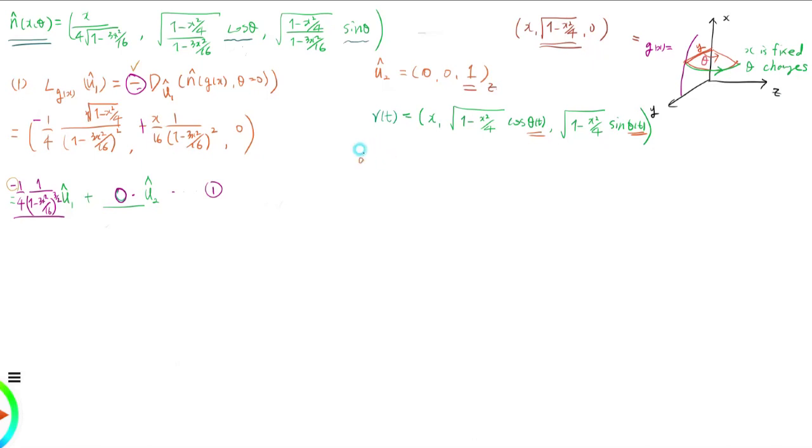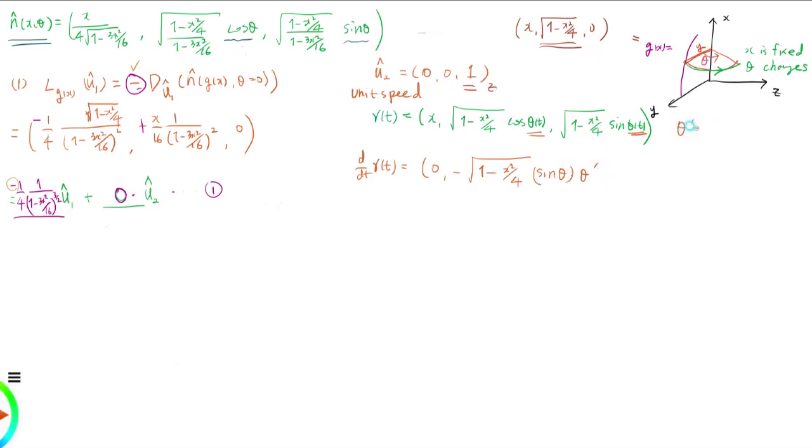and let me take its t derivative of this unit speed curve. It should be a unit speed curve. So take the t derivative, and we have 0 and minus square root of 1 minus x squared over 4 times sine of theta times theta prime.